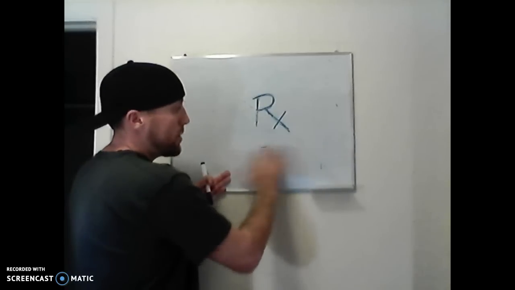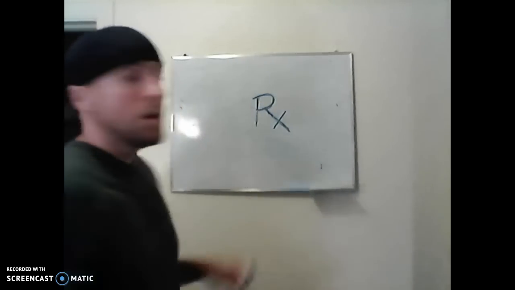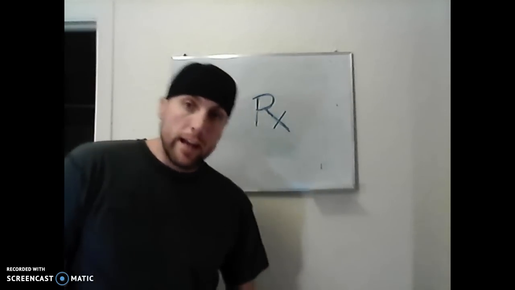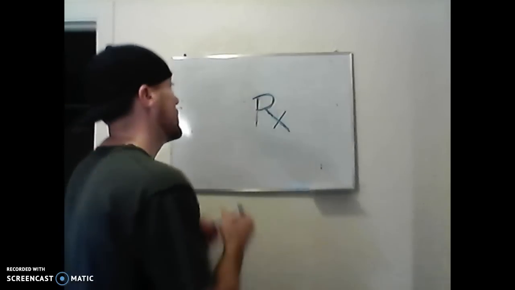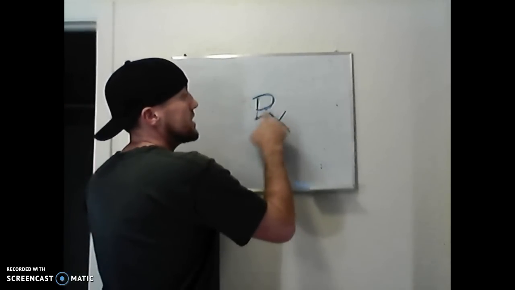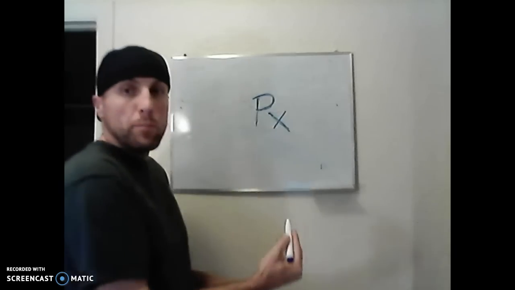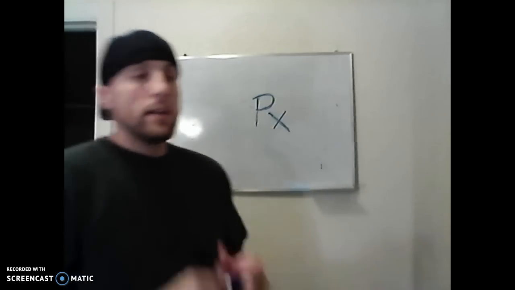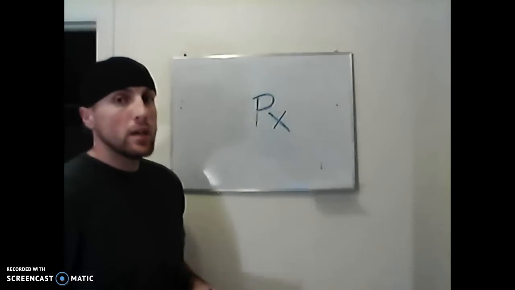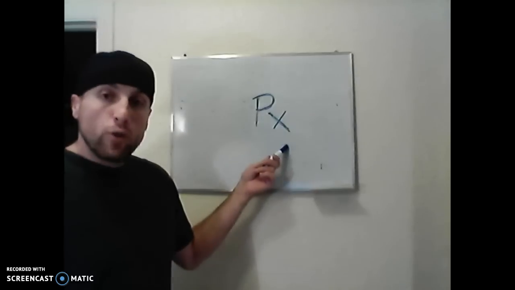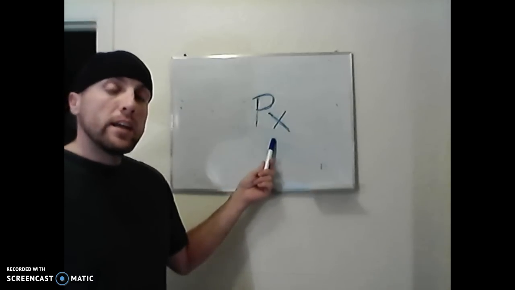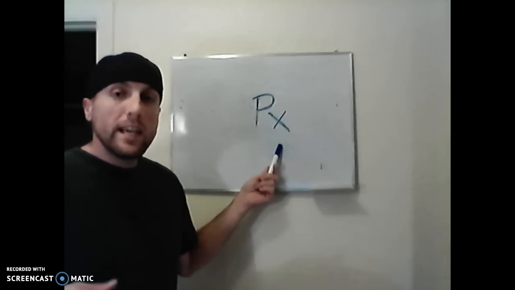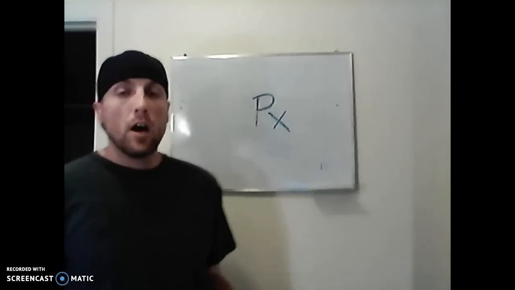I'm running out of time, so I'm going to wrap it up real quick. I don't think that is an R and an X. I think that's a P and an X, and I think that they just connect. I think they put the X a little too close to the P, trying to make it look like an R. Now, the reason I think this is because in Greek, this letter right here is chi. Have you ever heard of, in Japan, they have chi?